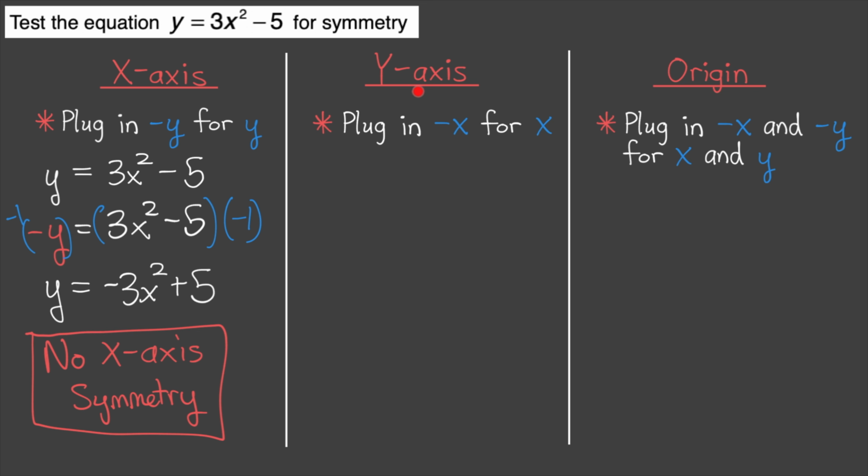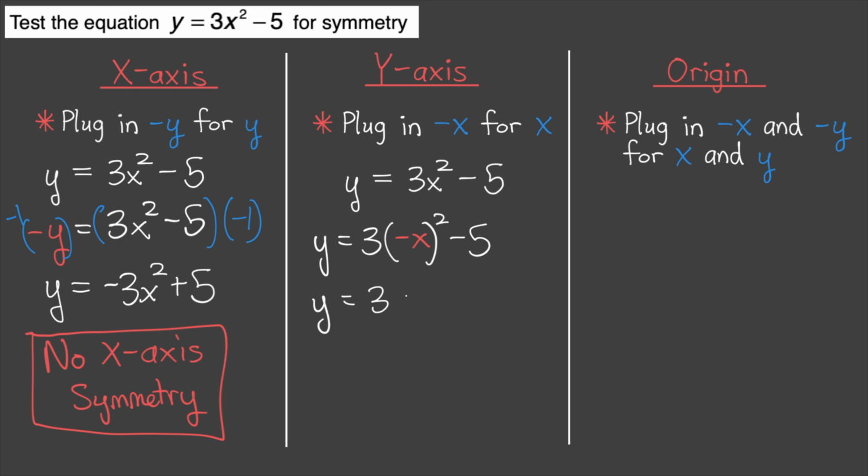Next, let's move to y-axis symmetry. We'll bring down our equation, and now we are going to plug in negative x for x. I'll plug it in red so you can see what's happening. Now if we simplify negative x squared, that's negative x times negative x, which is positive x squared. 3 times positive x squared is just 3x squared minus 5.